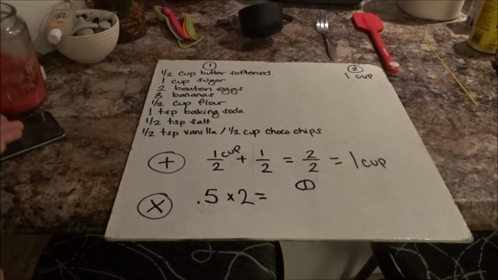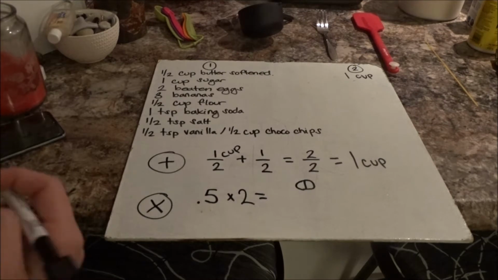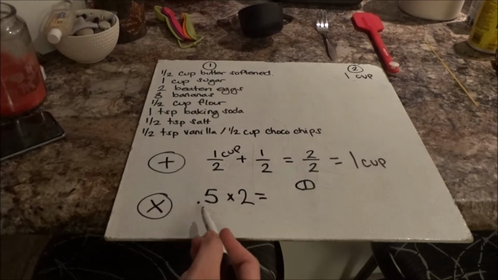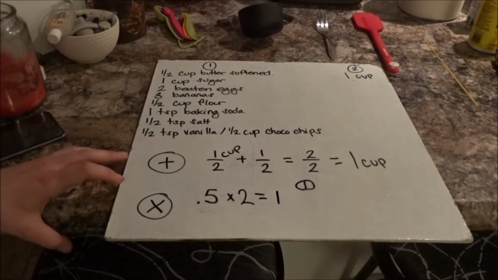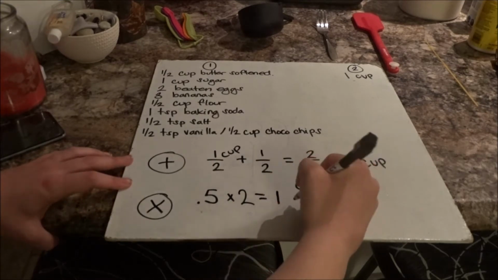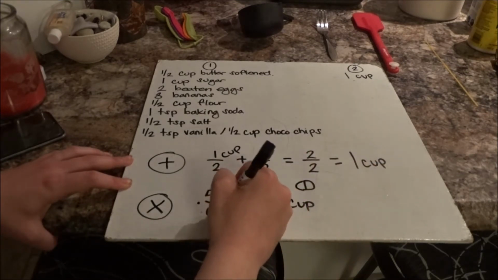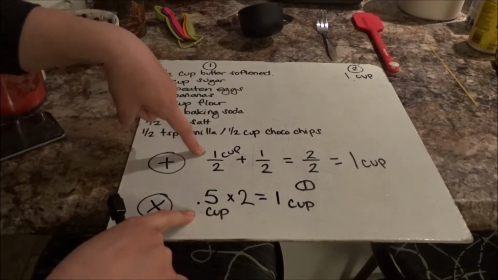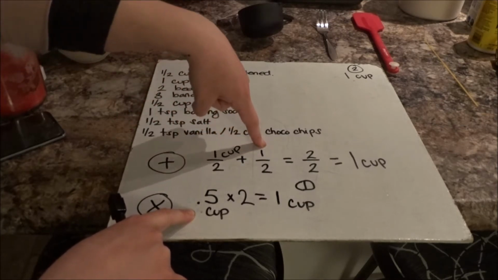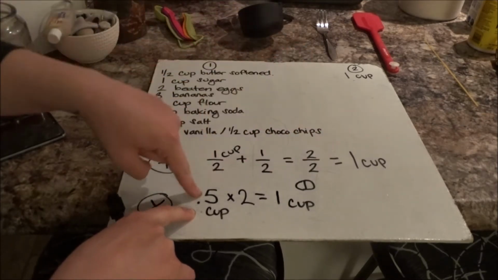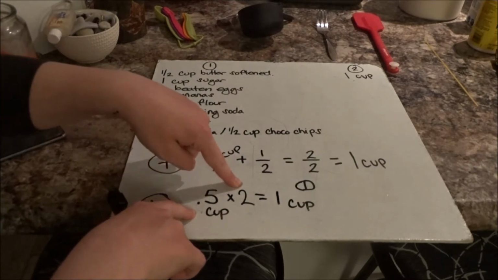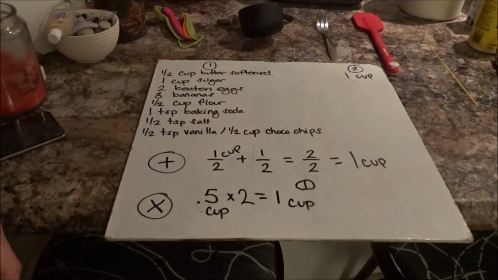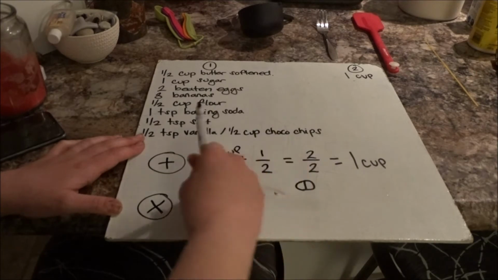So we can change out those decimals and those fractions to make them a little bit easier to look at. So this here, 0.5 times 2, would be equal to 1, which is the same as up here. So half a cup plus half a cup is equal to a full cup, or half a cup times 2 or multiplied by 2 equals 1 cup. So yeah, that's how we do it for the butter.